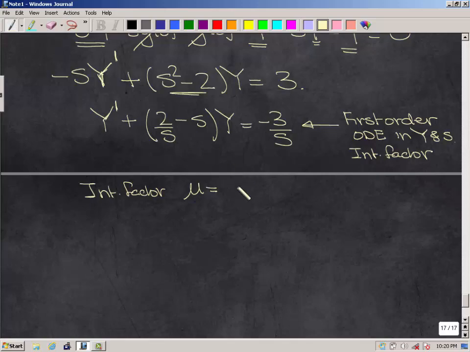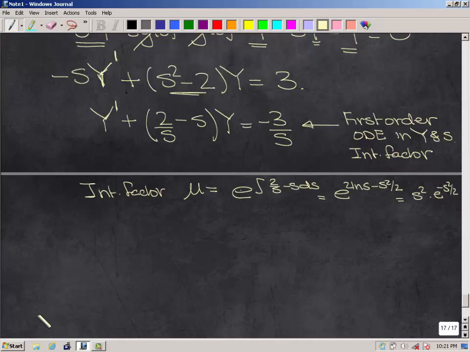In this case, it'll be e to the integral of 2 over s minus s ds. So we get e to the 2 ln of s minus s squared over 2. So this will give us s squared times e to the minus s squared over 2.